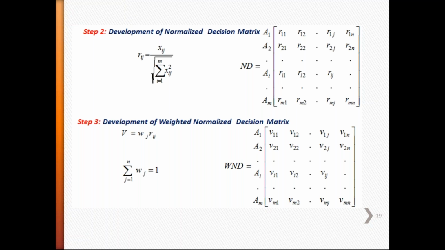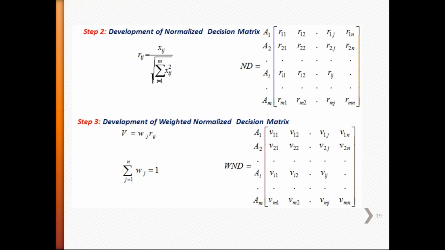Now what will be the criteria values for the ideal solution and anti-ideal solution? Let us consider C1 is a benefit criteria and C2 is a cost criteria.